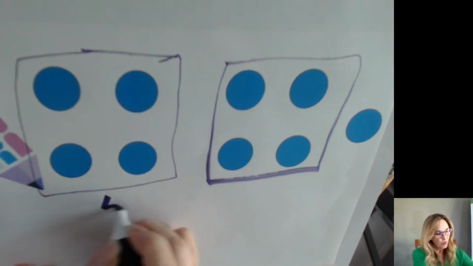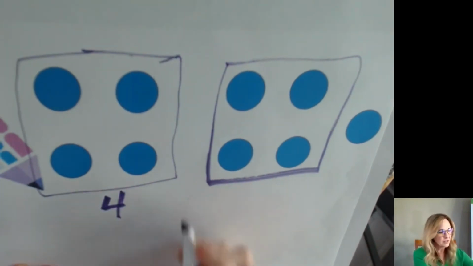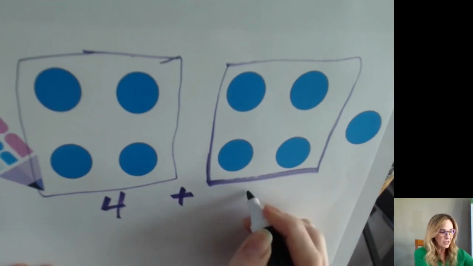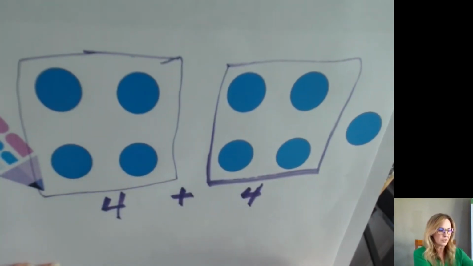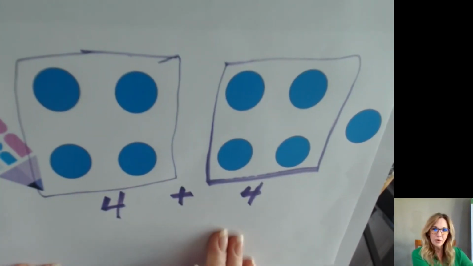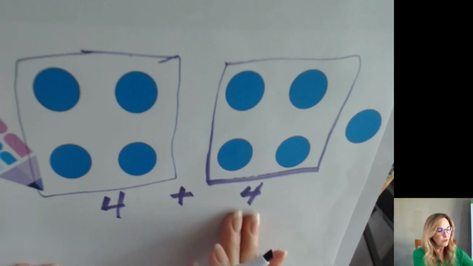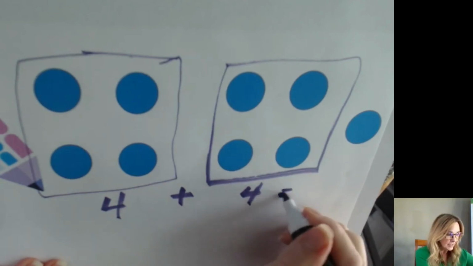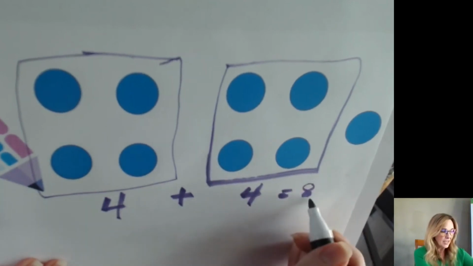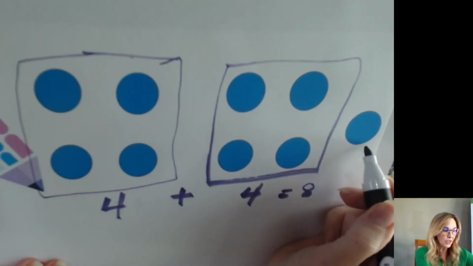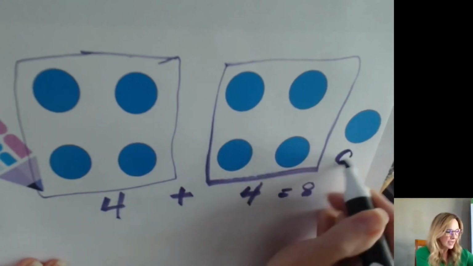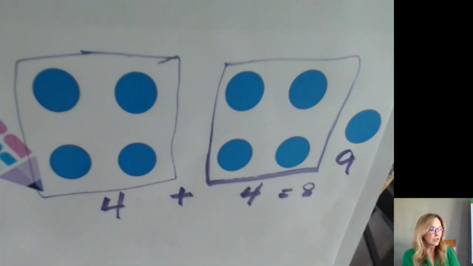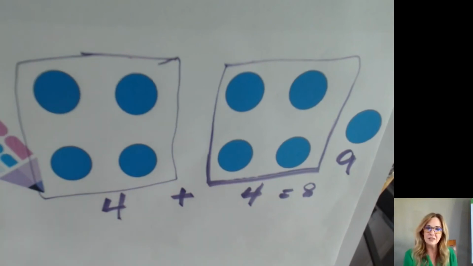We have 4 dots and we're going to add 4 more dots. That's a double. So if we have 4 and 4, we know then we have 8. And 8 plus 1 more is 9. Exactly. So there are 9 dots on this page.